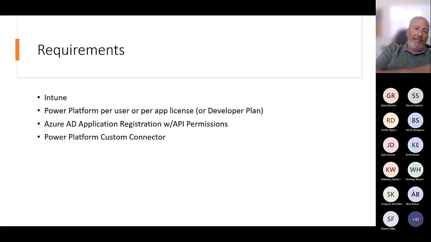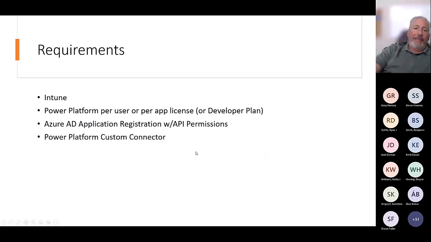There's the concept of premium connectors, like ServiceNow connectors, and custom connectors are premium. So you can either buy a per user license, which is, I believe, $5 a month, or you can do a per app license, and you can license each individual app.